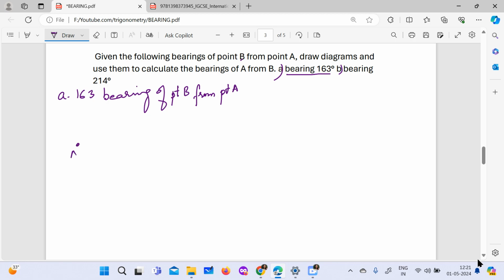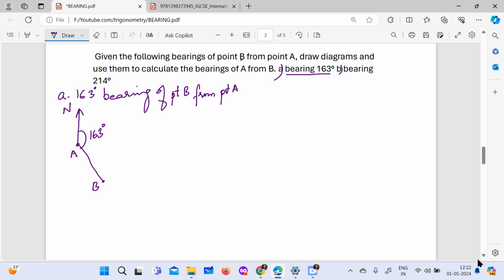So here is your point A, and this is the north of point A. And then it says that 163 bearing. Okay, so we will draw it like this. So most probably 163 is going to be like this. I will mark it here point B, and this is 163, the bearing of point B from point A.